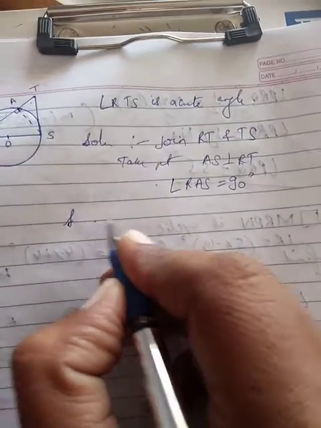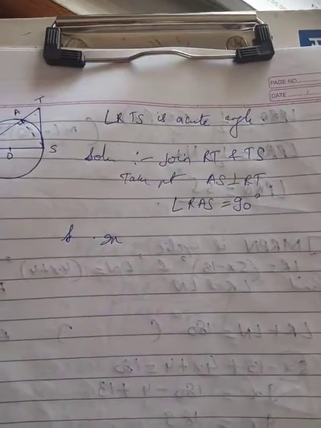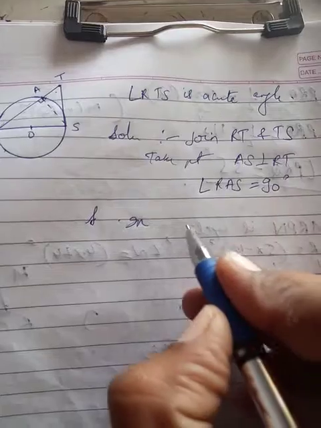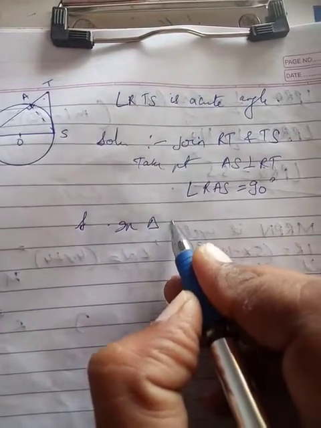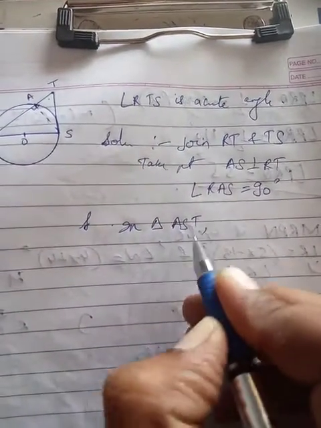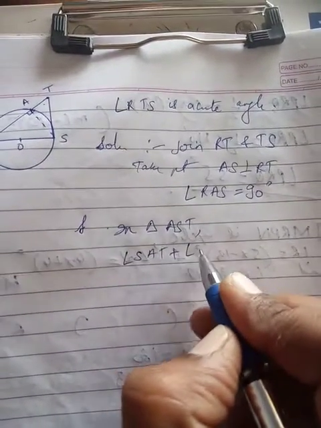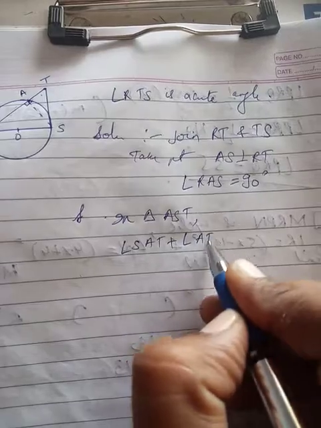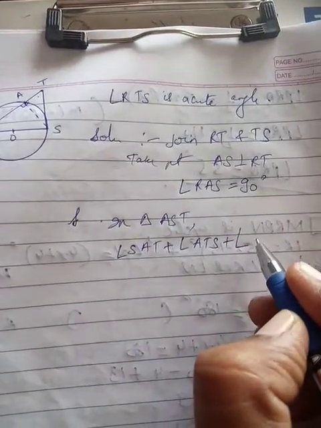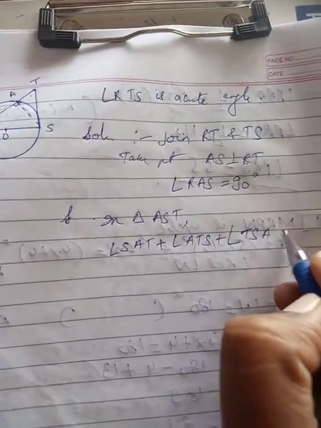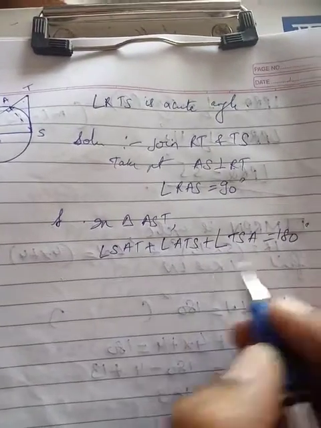Now consider in triangle, write down in triangle AST, measure of all the angles, that is angle SAT plus angle ATS plus angle TSA is equal to 180 degree, sum of all the angles.